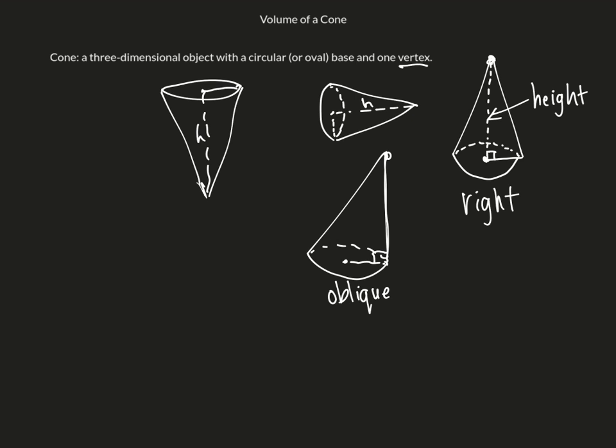But we can even get more oblique if we go like that. And then the height would still be, so if this is the radius, this would be the height. So it's still the perpendicular distance between the vertex and the base, regardless of whether the vertex is over the base. So good to know.